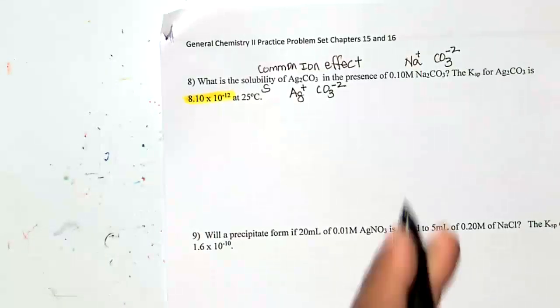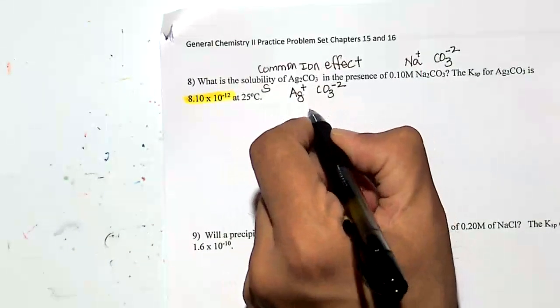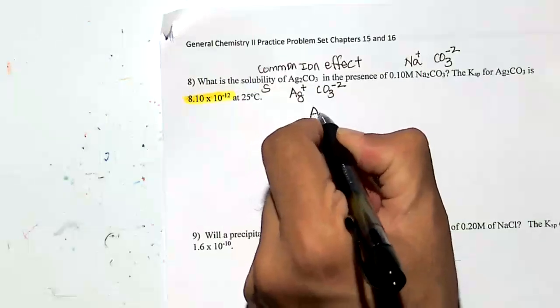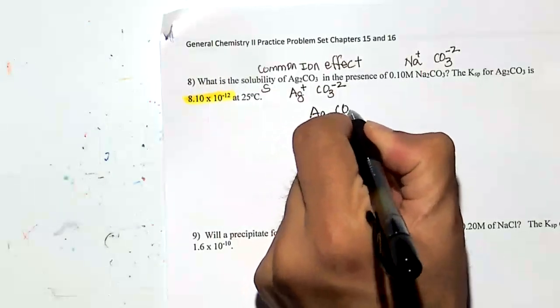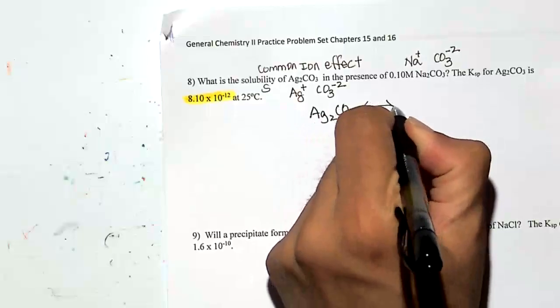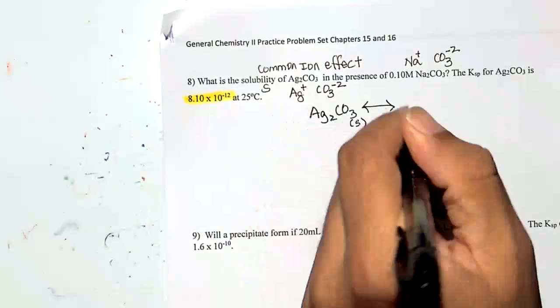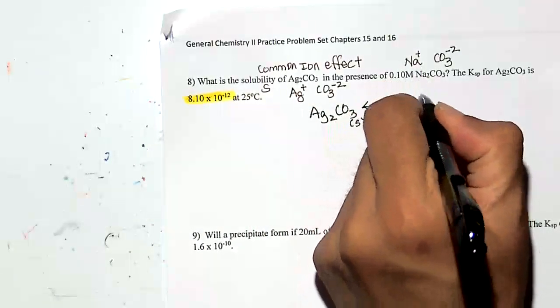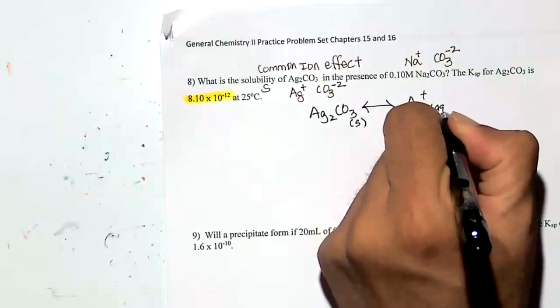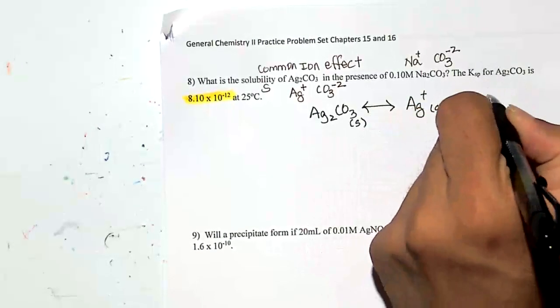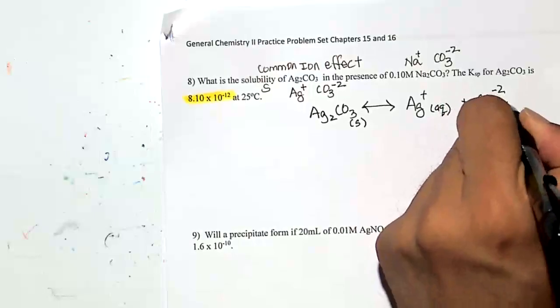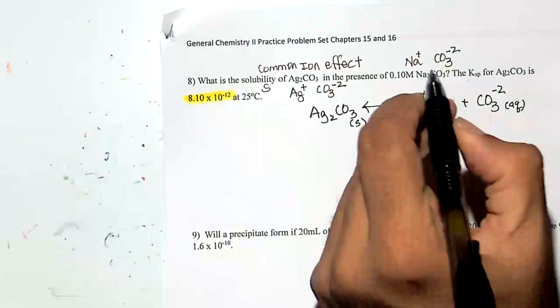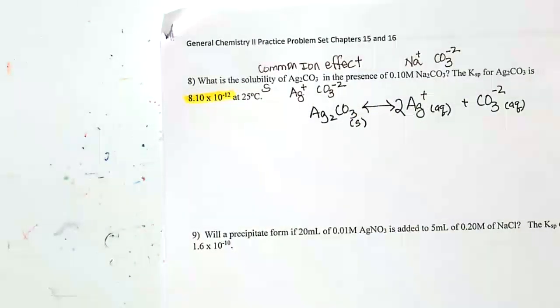So the first thing we'll do to solve this problem is write the equation for the Ksp here. This solid is in equilibrium with Ag+ plus CO3 2-. You want to balance this.